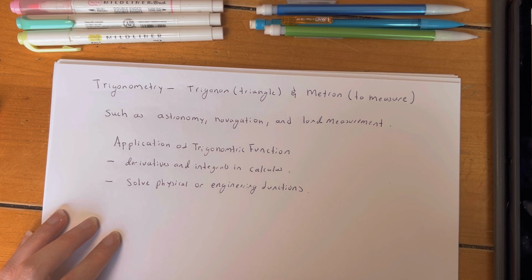So we can use the trigonometric functions to find the force in different directions, or the force in space, which is used in engineering, such as civil engineering, to design structures.